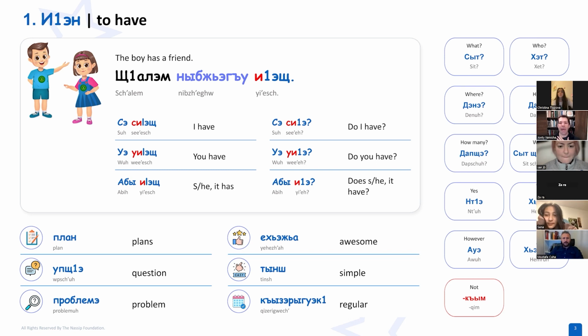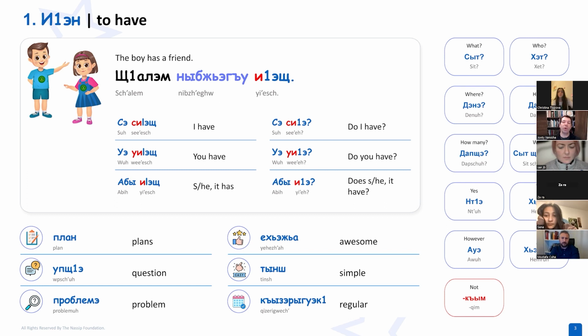So how do I say that I have something? Sa si es. Wa we es. Ab yes. What you can see here is what is common is this verb root, and that in Eastern Circassian, when we are making a statement, we add ish to the end.